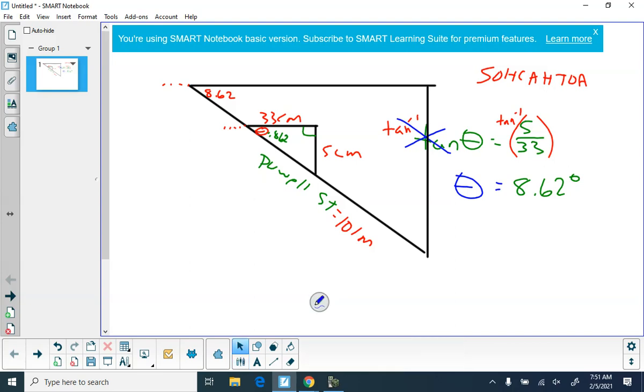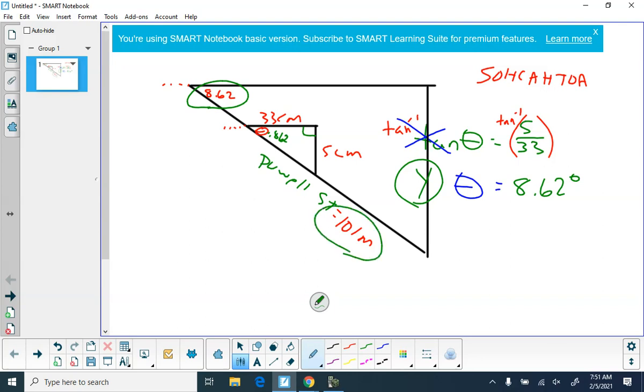She wants to know, or we want to know, I'm going to give it Y because it's going up and down, how far vertically she has traveled. If this is 101 meters, 101 paces because she is tall, and this angle is 8.62 degrees, we want to find what Y is.